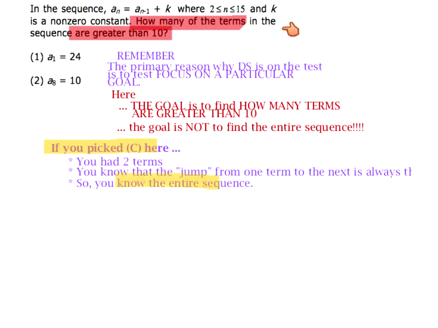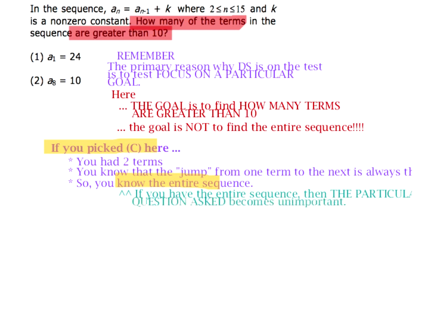If you pick choice C, then you don't really have to think about this issue, because you would have the entire sequence, and so the question, you don't have to focus on the focus anymore. If you have the entire sequence, then the particular question that they're asking becomes unimportant, and that's not good.